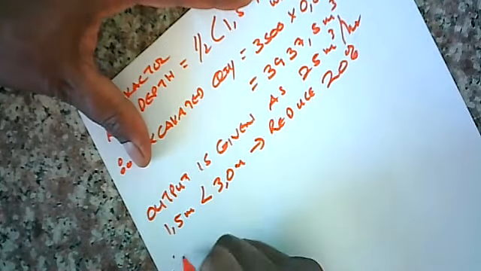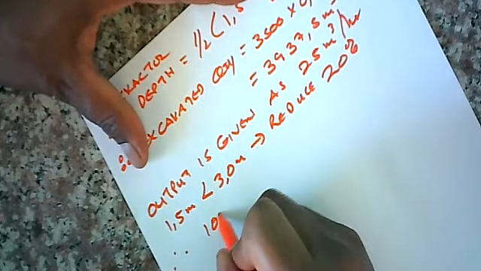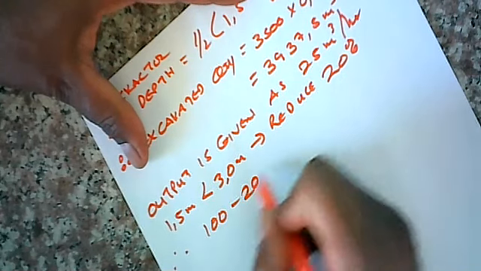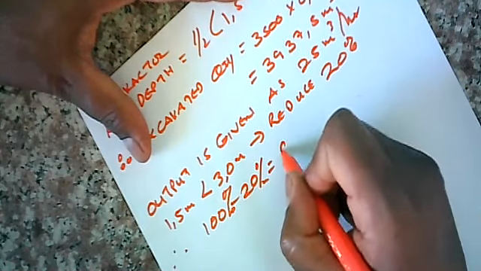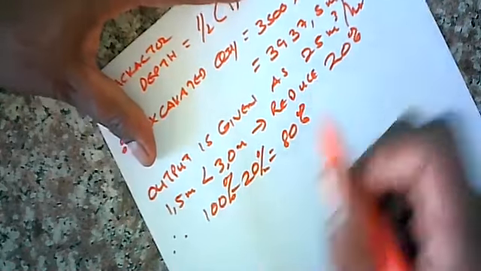Therefore, the reduction is 100 minus 20, which gives us 80%.